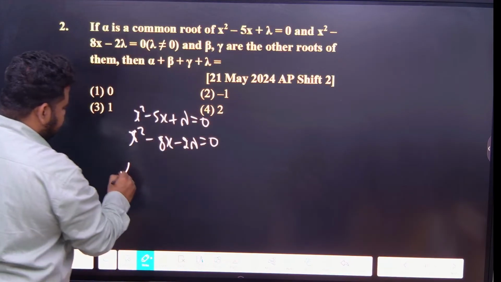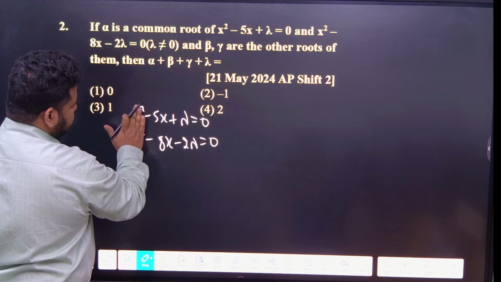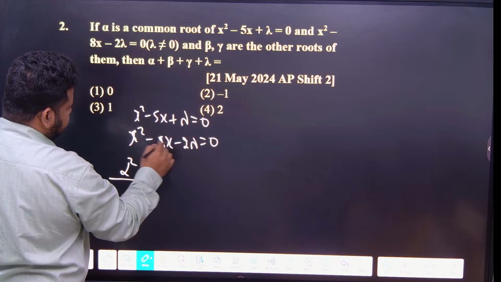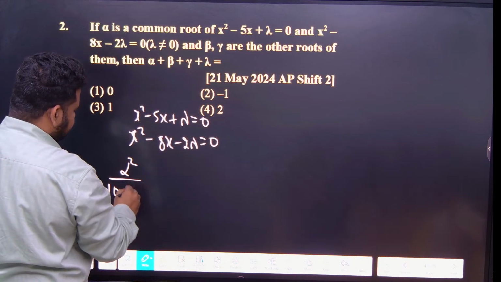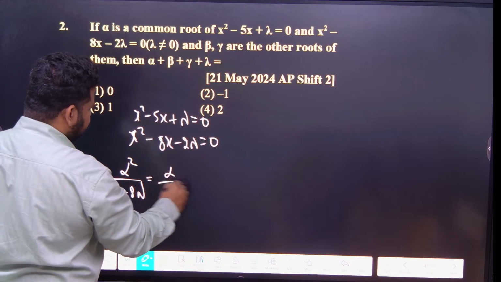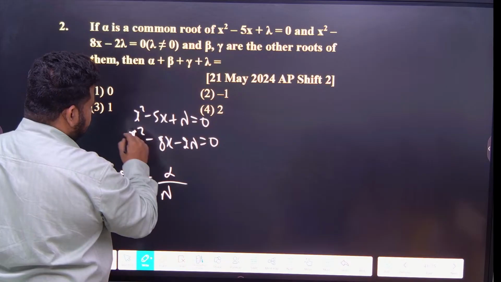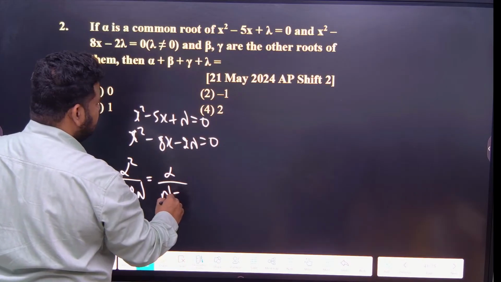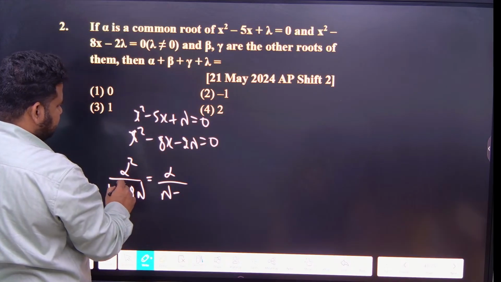I want alpha square. Alpha square will be what? 5 into minus 2 is minus 10, minus 5 into minus 5 is 10, minus 8 lambda is equal to what? Alpha by what? Lambda into 1, lambda minus, plus 8 lambda. This one. Wait.